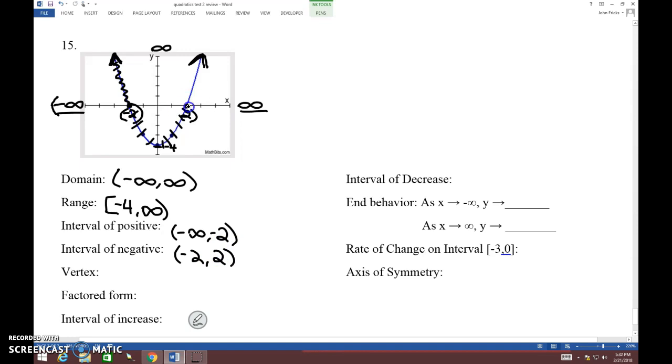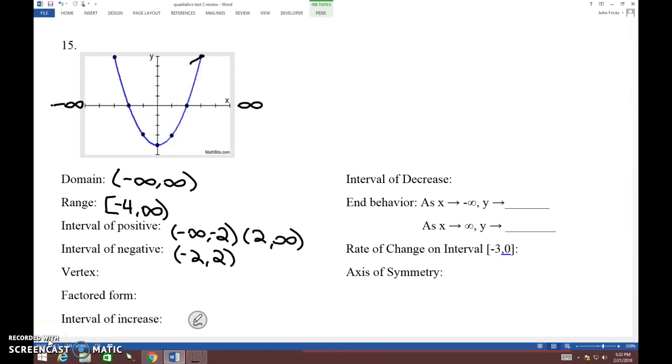Then, here at positive 2, we're going to cross back over, and we continue to go up and to the right from positive 2 all the way to infinity, and those values are above, meaning that's going to be a positive interval. So that's going to be from 2 to infinity. So keep in mind that you will have two intervals that are either positive or negative when dealing with quadratics. And like I said, identifying the x-intercepts is what's going to help you identify that information.